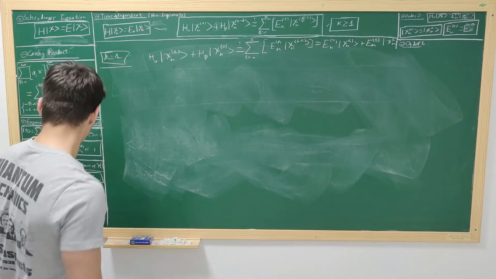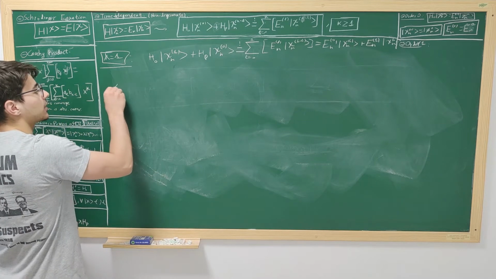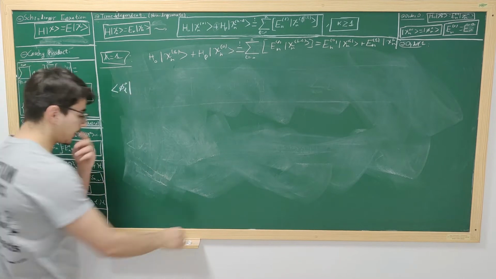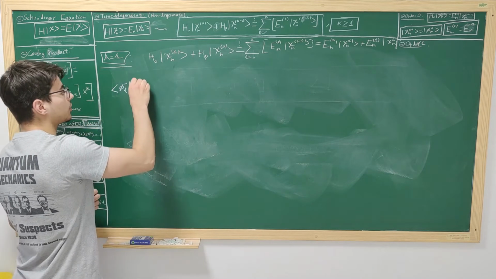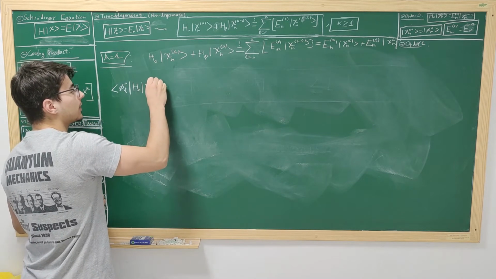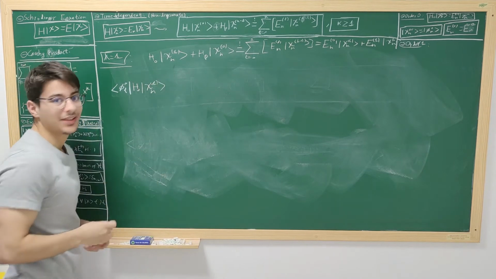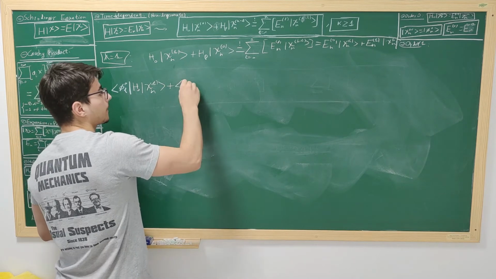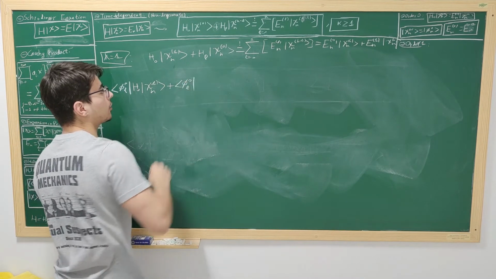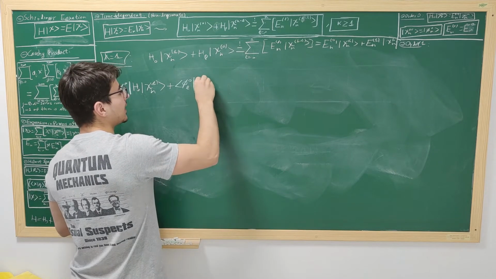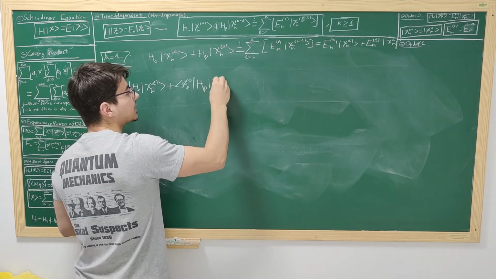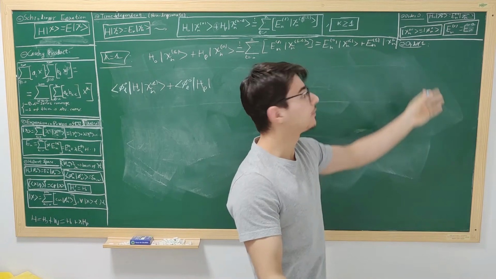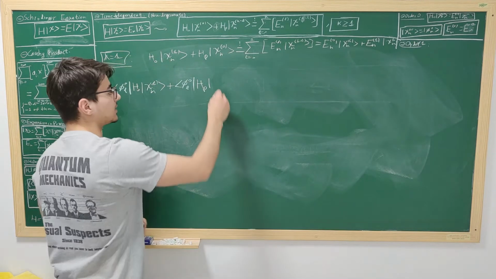So if I do this on both sides of the equation, I just have my Lth element and H0, my first correction to the state, plus again the inner product with HP, the 0th order correction. But wait a minute, we know the 0th order correction we derived before is just phi 0n.